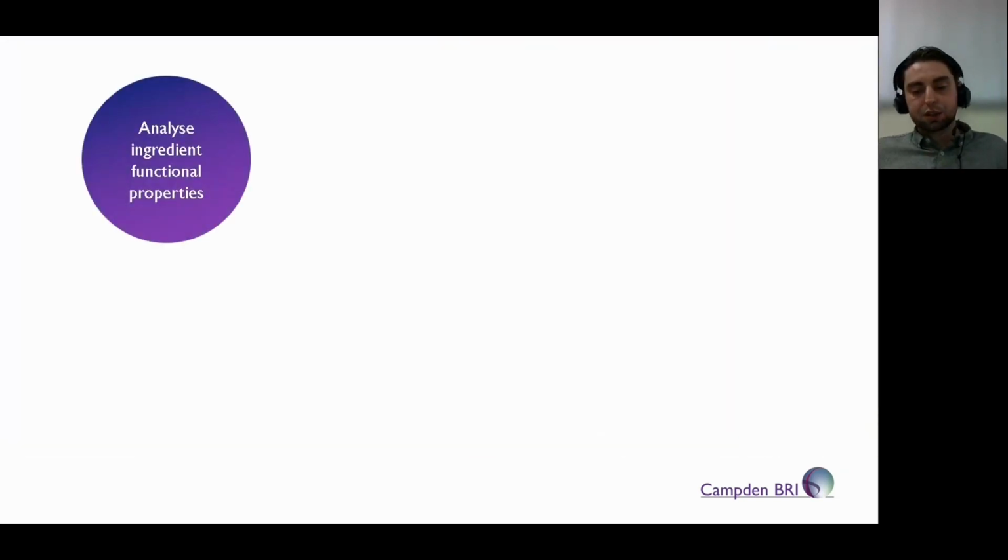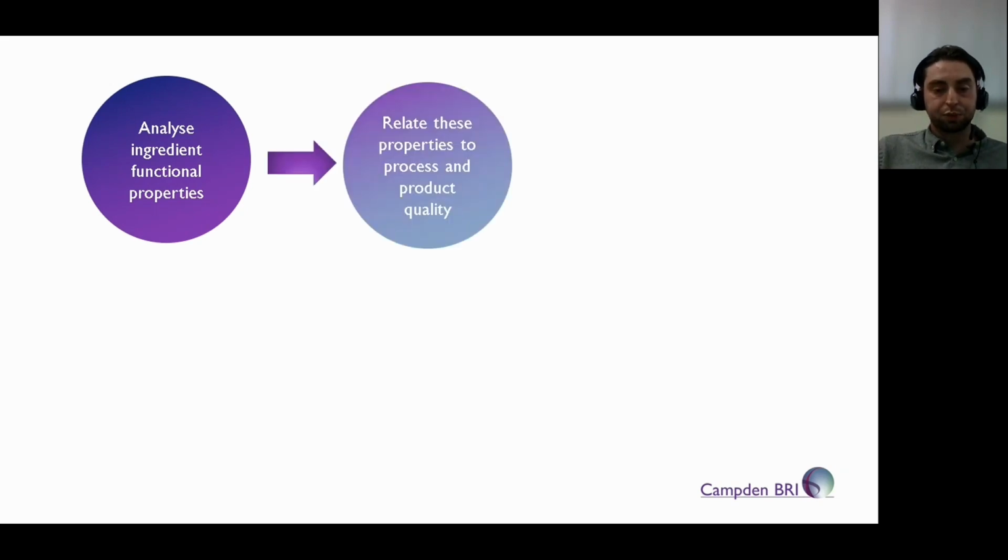Now, this is just a little bit of a diagram to show you what I'm talking about here. So we want to analyze the functional properties of our ingredients. We want to know more information about our ingredients. In particular, we're talking about egg in this presentation. It's then really important to relate these functional properties to your process and to your product quality.